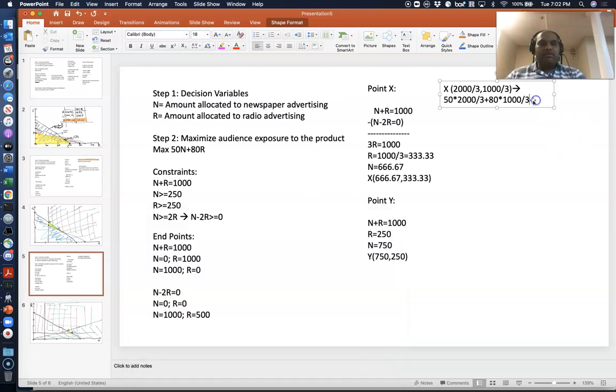So that's the final exposure value, 60,000. All right, so that's for point x.